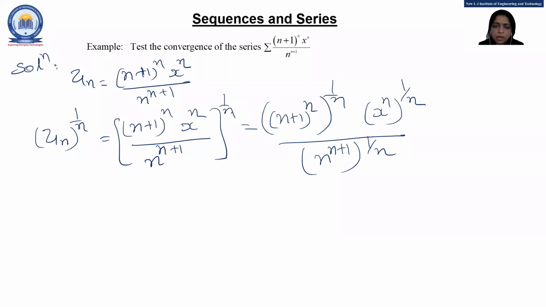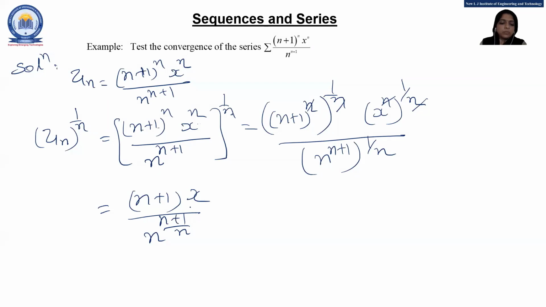This power 1 by n goes to all three terms here, the first, second and third, right? So this n will be cancelled, this n will be cancelled, and in the denominator n raised to (n plus 1) upon n. So my nth root of u_n is (n plus 1) into x upon n raised to (n plus 1) upon n. Okay, any doubt in this step?